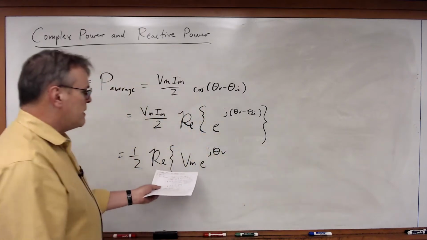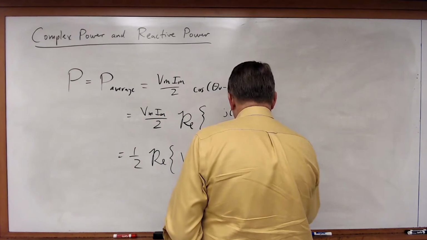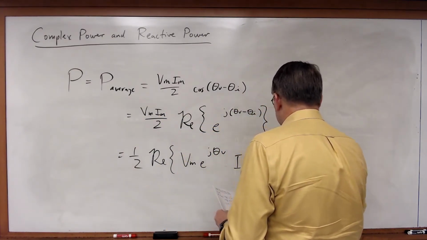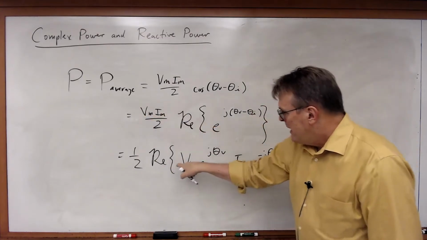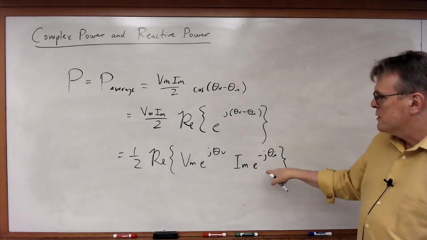This is Vm e to the j theta sub V times Im e to the minus j theta sub I. So all I've done is bring the Vm and the Im in here and decompose that exponential term.